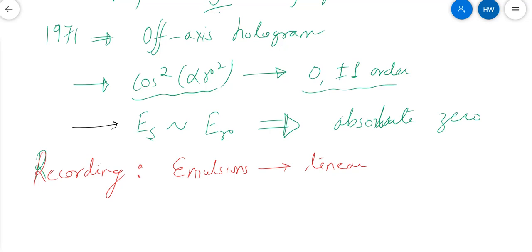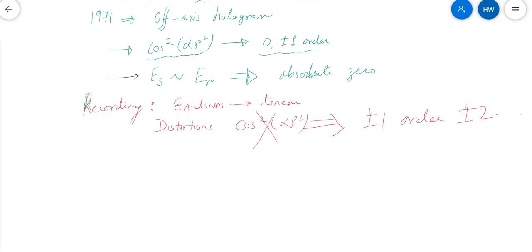That kind of linear response is what one expects, but the emulsions do not really respond linearly at all levels of irradiance. So there are going to be distortions when you develop. These distortions take you away from this nice sine square or cosine square form, so there are multiple orders that you start getting because of the distortions. There is of course a small solution that people use.